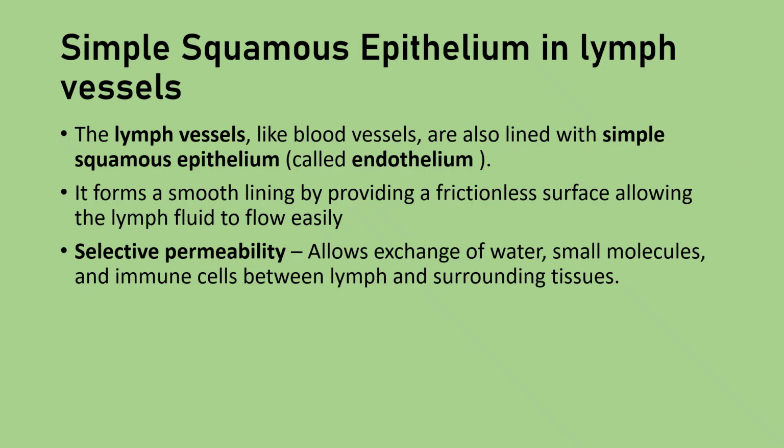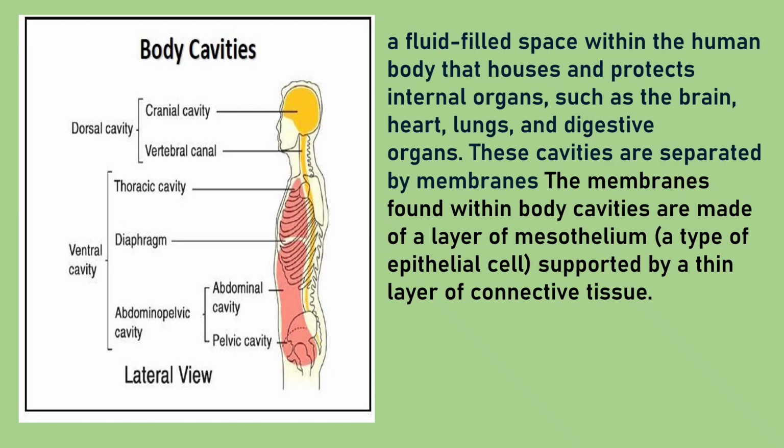That is why there is no wear and tear due to the passage of substances, and it allows the lymph fluid to flow easily. It has a feature of selective permeability. It allows the exchange of water, small molecules and immune cells between the lymph and surrounding tissues.